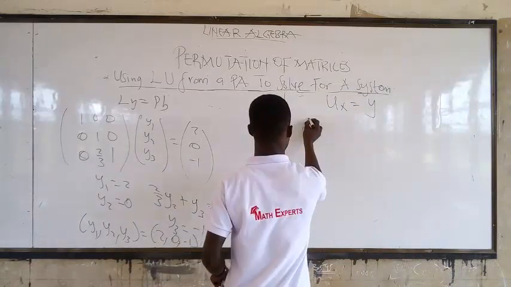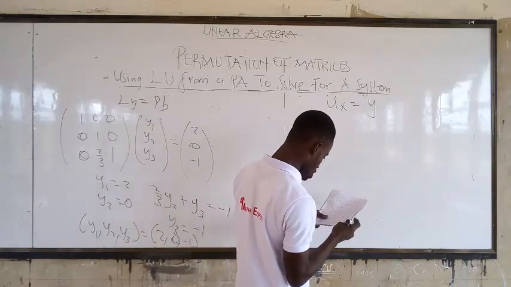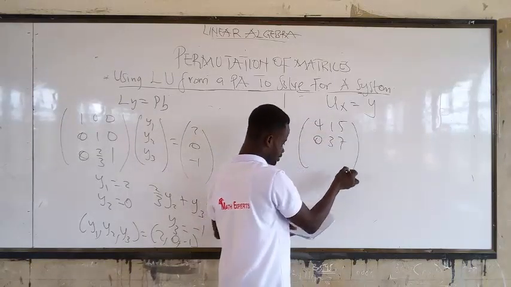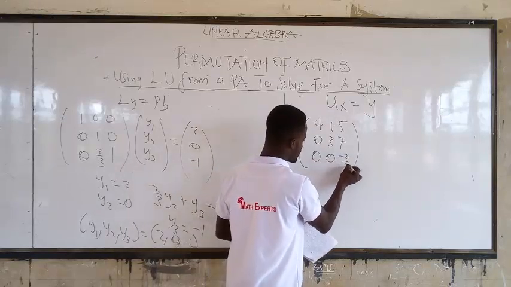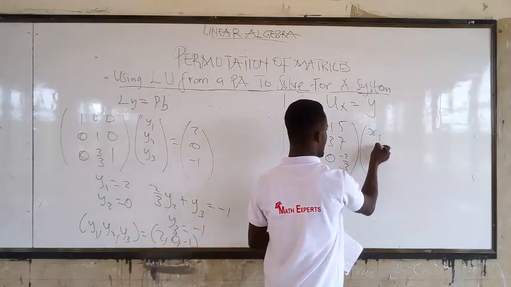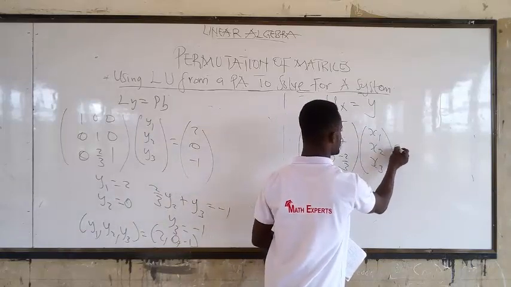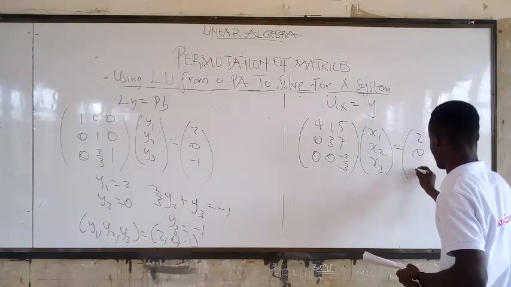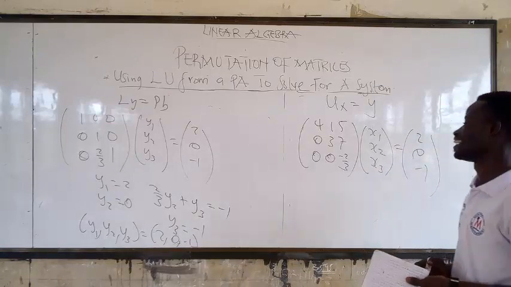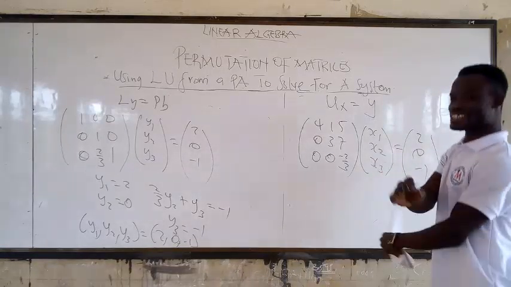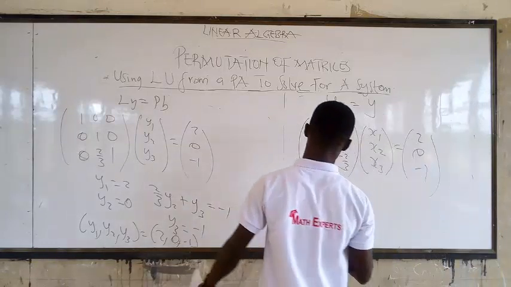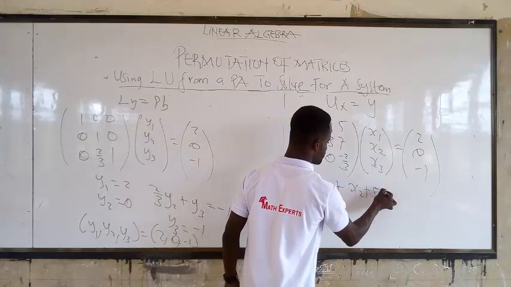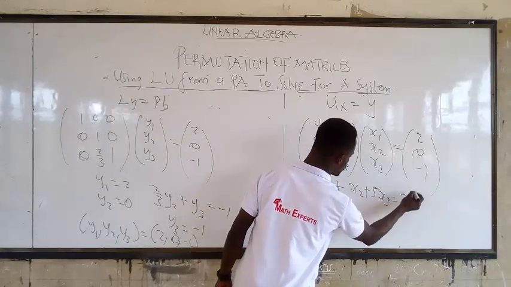Okay. All right. So now the upper triangular matrix is going to be 4, 1, 5, 0, 3, 7, 0, 0, negative 2 over 3, times S1, S2, S3. Beautiful. Then the y is already known to be 2, 0, negative 1. Alright, so here you do back substitution and you go your way. So here 4S1 plus S2 plus 5S3 is equal to 2.